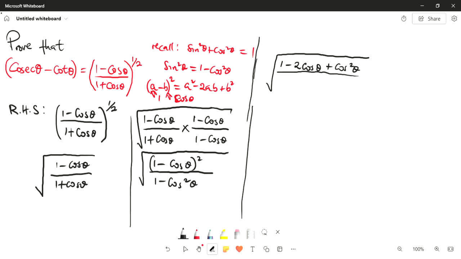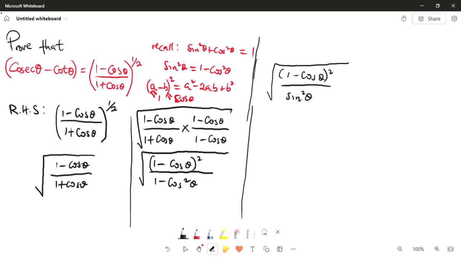Apologies, there'll be no need for us to even expand. Instead we'll say square root of 1 minus cos theta all squared over, now remember we had said 1 minus cos squared is sine squared, so we replace with sine squared theta. What we do next is individualize the square root.